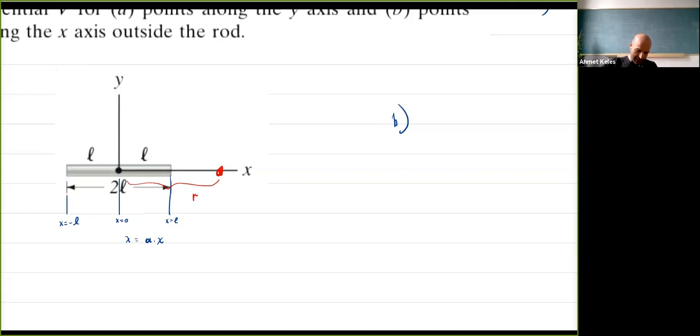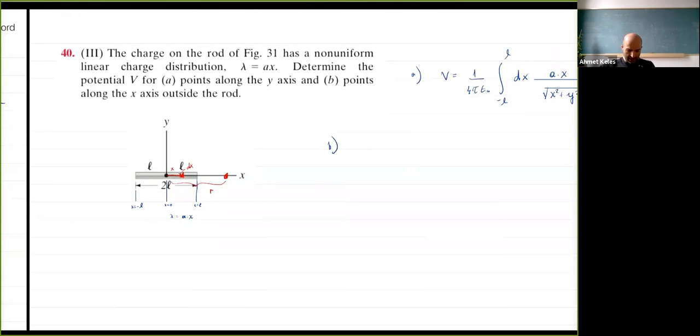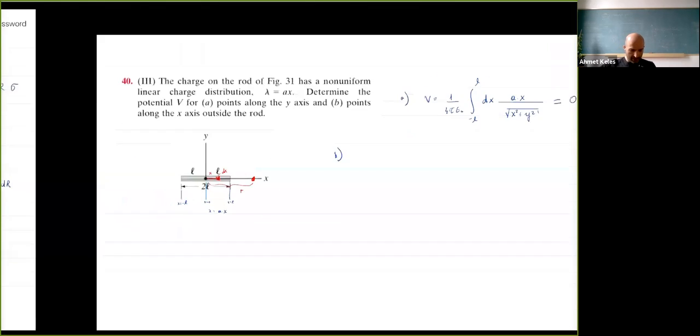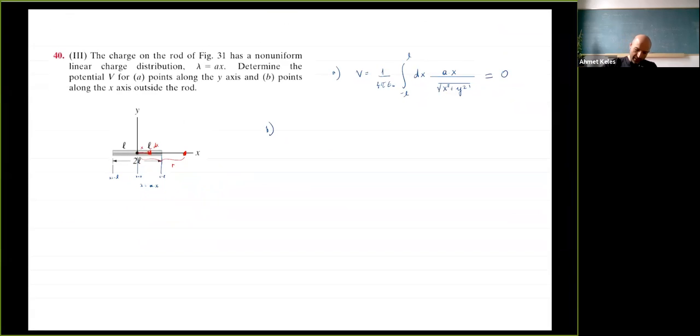Let me put it like this. Now it's a positive x. So this is x, this is dx. I don't need that guy anymore. I think you remember that. All right, and its distance is R minus x. Good. Let me write this now.